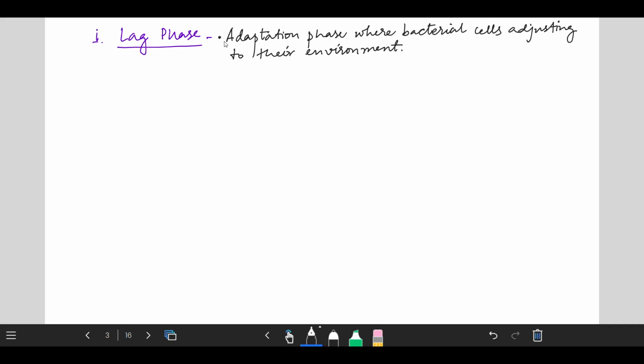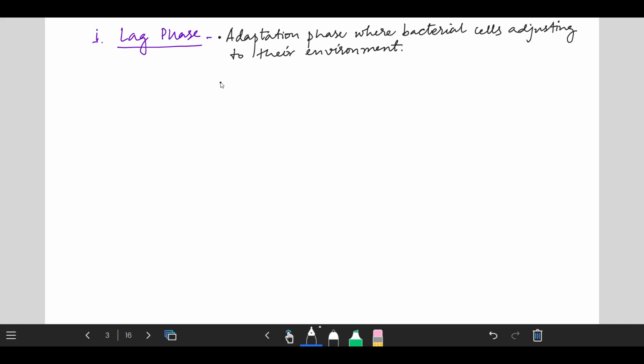So this is the first point. And in this phase, they synthesize RNA, enzymes, essential metabolites, adjust to temperature, pH, oxygen, etc., and also repair injured cells. It is stated that injured or damaged cells have a long lag period. Why a long lag period? Because they must repair themselves before they can engage in reproduction.